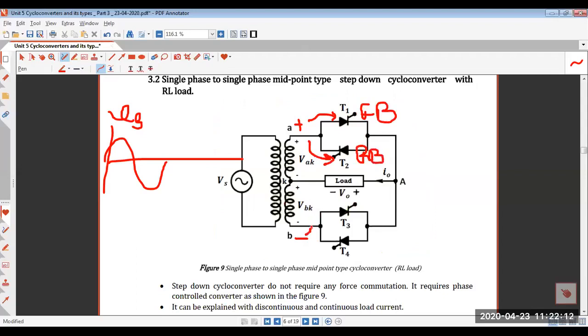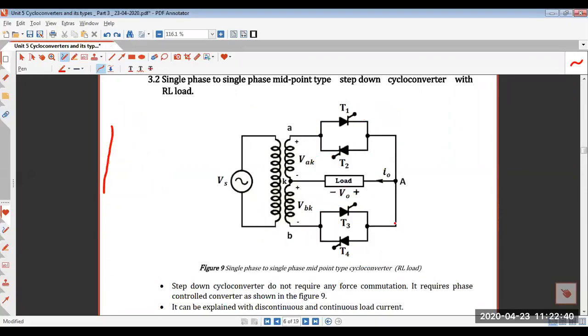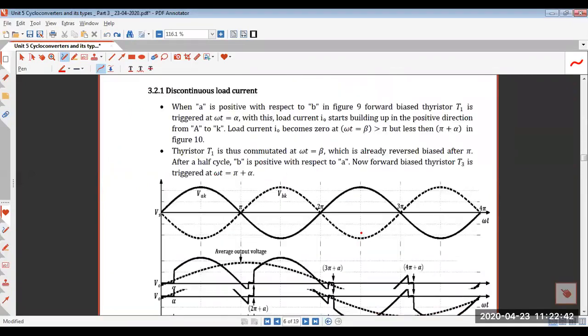Similarly here also, this SCR is reverse biased and this SCR is forward biased. That means T1 and T4 are forward biased. But we will not trigger them simultaneously. So let us see what happens.